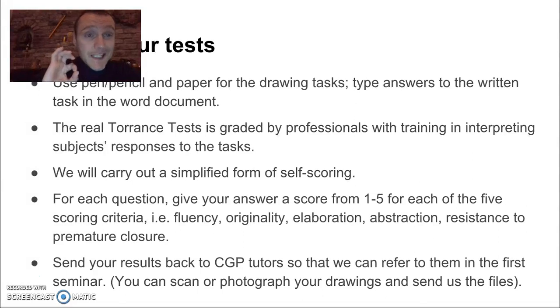So for each of these 6 responses, please give your answer a score from 1 to 5 for each of the 5 scoring criteria. So the 5 scoring criteria are fluency, originality, elaboration, abstraction, and resistance to premature closure. Don't worry if you have difficulty scoring your text, even if you only use 2 or 3 of these criteria. I think that's enough for a reflection.